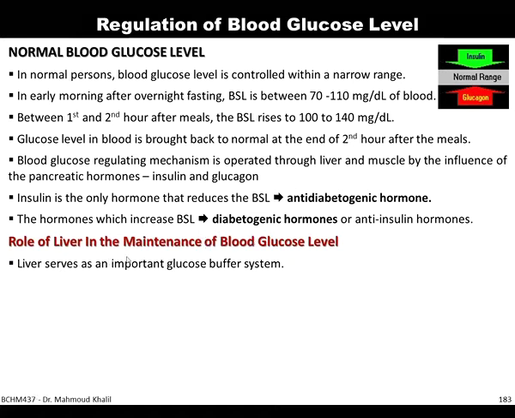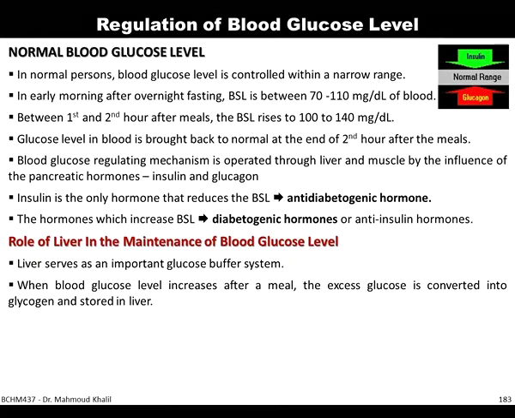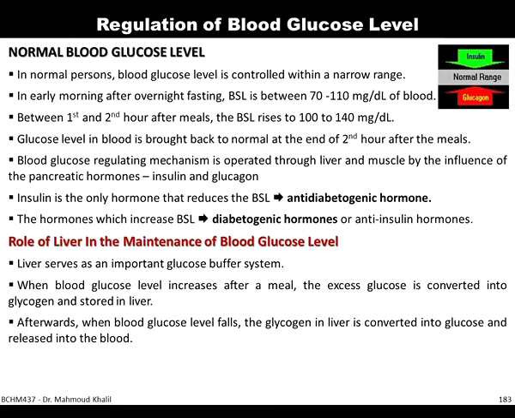The role of the liver in the maintenance of the blood sugar level. As we know, we talked about the liver and its major function in regulating these hormones or the blood sugar level. The liver actually serves as an important glucose buffer system. When blood glucose level increases after a meal, the excess glucose is converted to glycogen and stored in the liver.